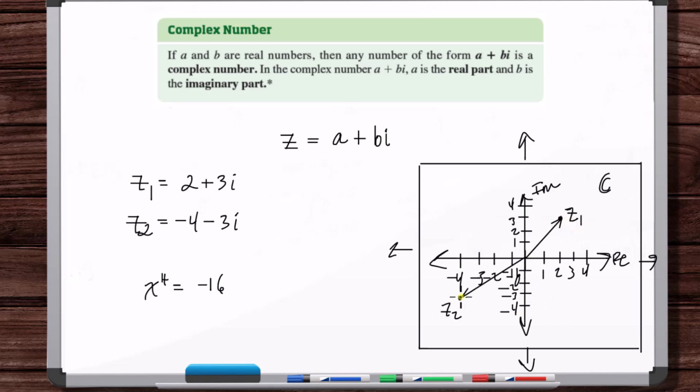You can use vector algebra in relation to complex numbers. If we're going to add Z1 and Z2, we can add them as vectors as well, or subtract them as vectors. So keep in mind that you can represent complex numbers as vectors because they're in this 2D plane. That's just something to note.